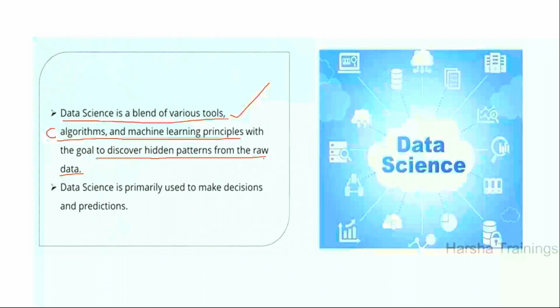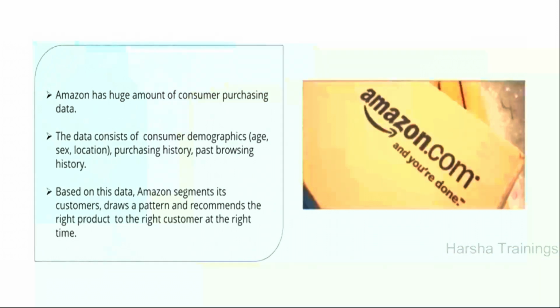Same thing I have discussed with two case studies. Clear for you? Data science is primarily used to make decisions and predictions. This point also I discussed in my previous class.